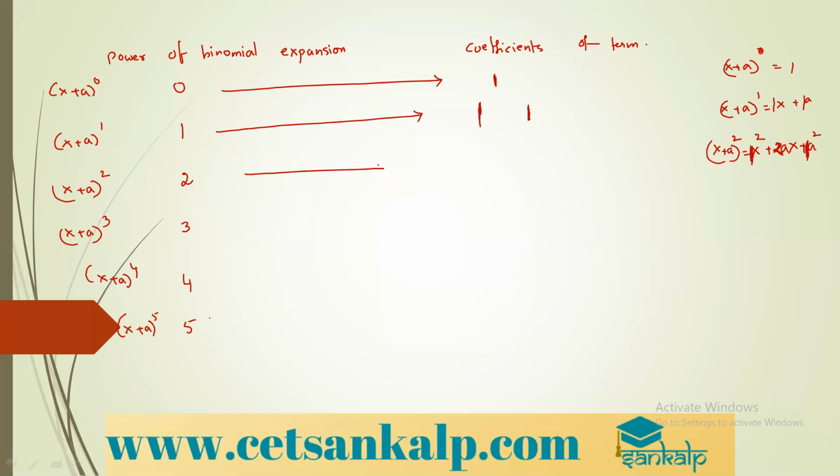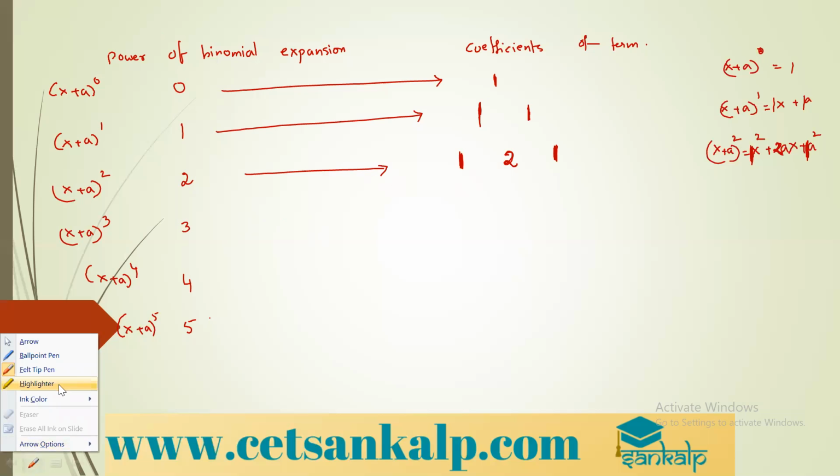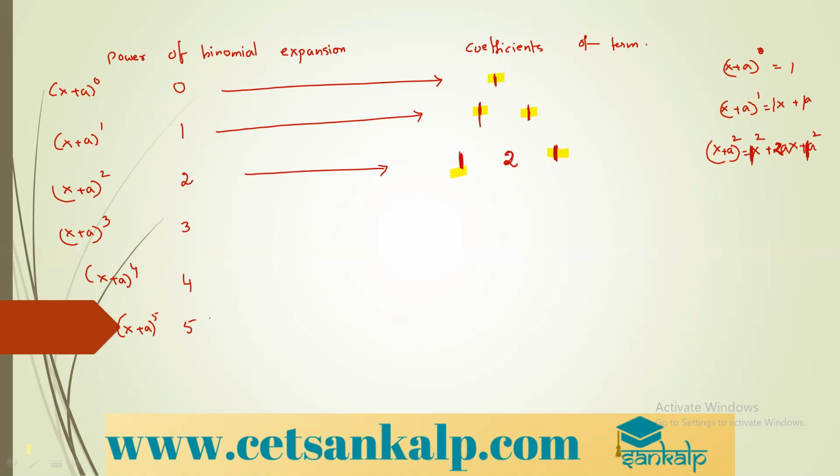So when you write the coefficients, it is 1, 2, 1. So what did you observe is always the ends 1, 1, 1. See here, 1, 1. The ends are remaining 1.